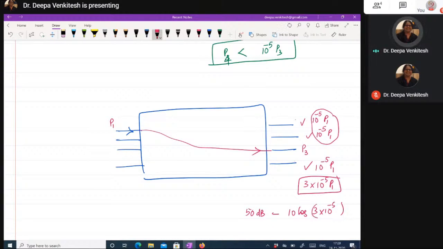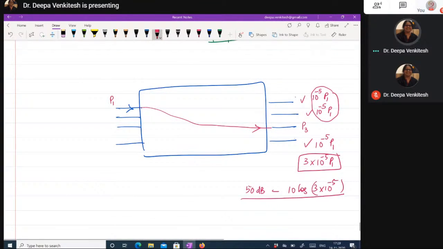This is what you would have for the first question. Now, in the next question, if you want this answer to be 40 dB, then you're trying to calculate what this one is. So these are two different ways of asking the same thing.